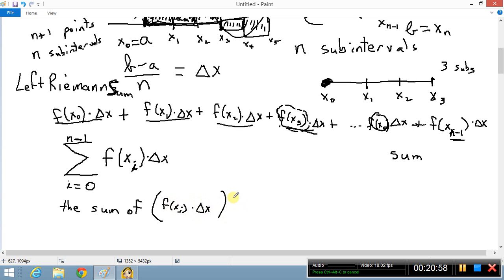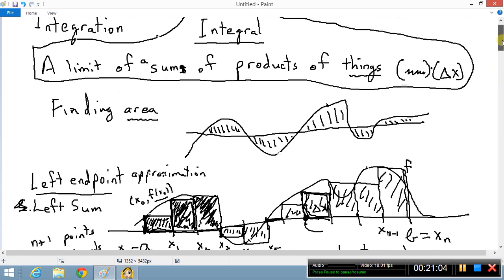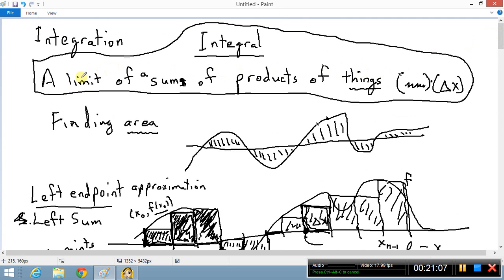Now, these are products, and I'm adding them up. Well, guess what, folks? That is part of an integral. Remember this? An integral is a limit of a sum of products of things that look like this. You multiply stuff together where this might be something, who knows, and this is a delta x. You add them up, take that to the limit somehow, and that's an integral.